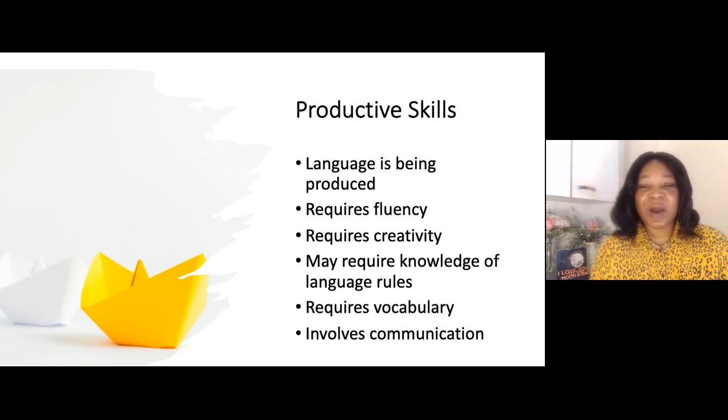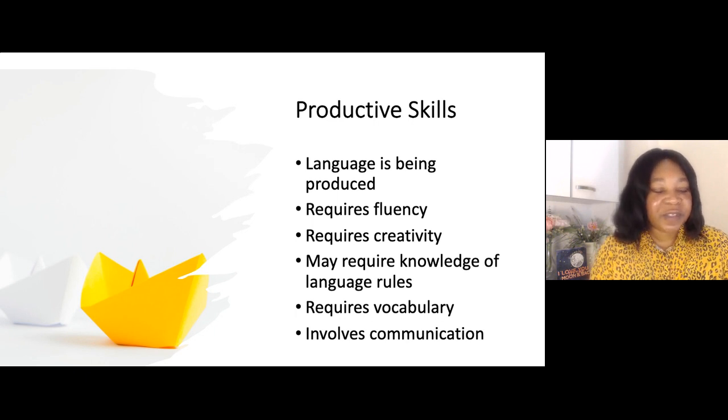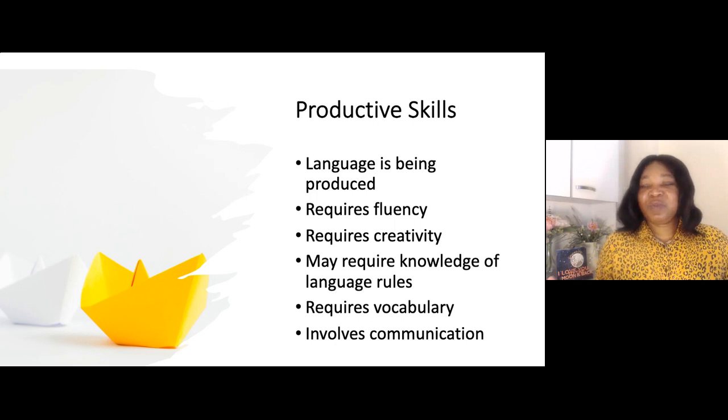Productive skills are the skills that require language to be produced. And I'd like for anyone to write out any of the two productive skills for me in the chat. It requires fluency to produce language. It requires creativity. What is the best expression I can use to describe a young girl who looks so beautiful?